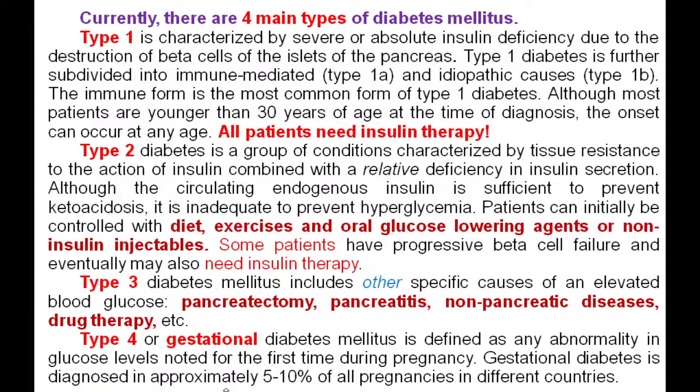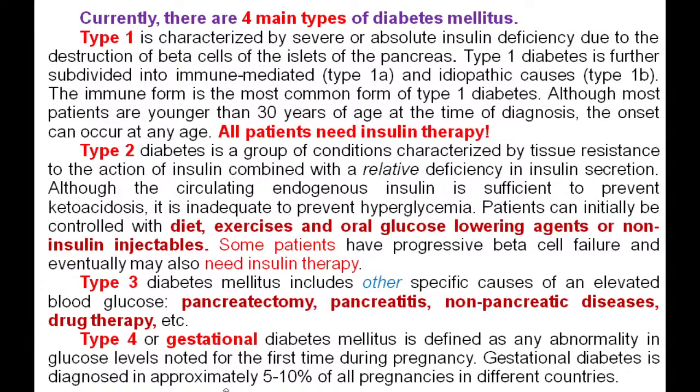Although the circulating endogenous insulin is sufficient to prevent ketoacidosis, it is inadequate to prevent hyperglycemia. Patients can initially be controlled with diet, exercise, and oral glucose-lowering agents or non-insulin injectables.